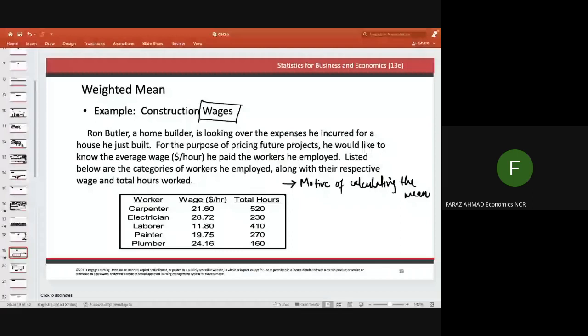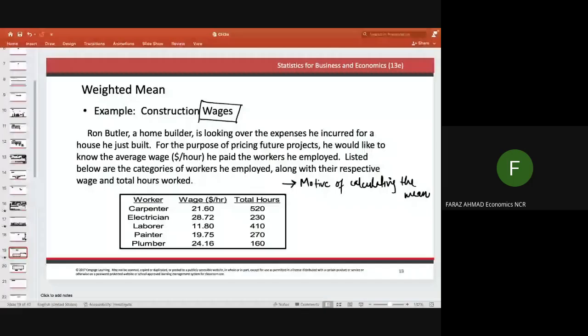So when you are building a big house, there will be more rooms, more carpenter work, more doors, more electrician work, because there will be more sockets and switches, and there would be more laborers working. There would be more painters who would be painting the walls and the doors and everything, and there would be more plumbing work there. So everything will be multiplied, right?